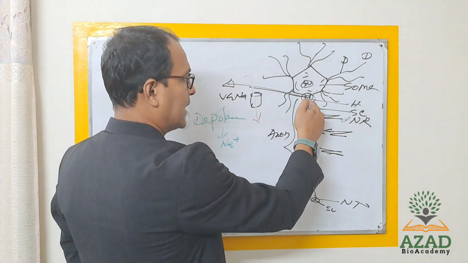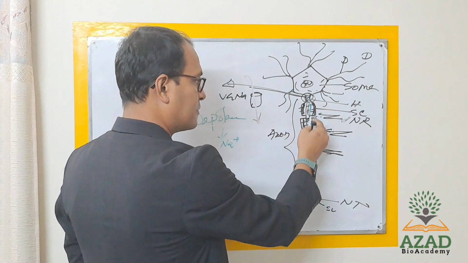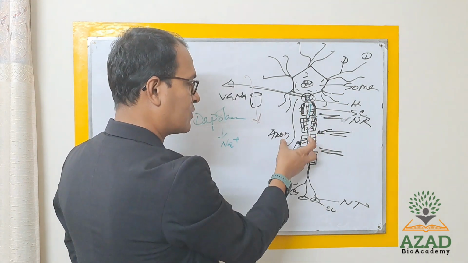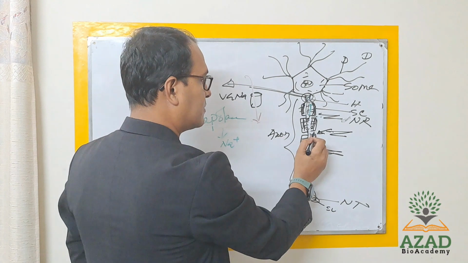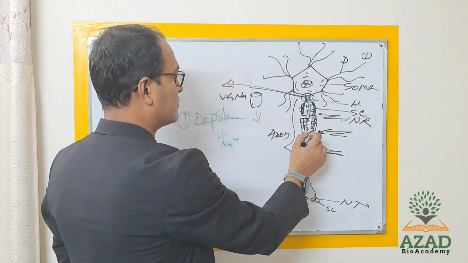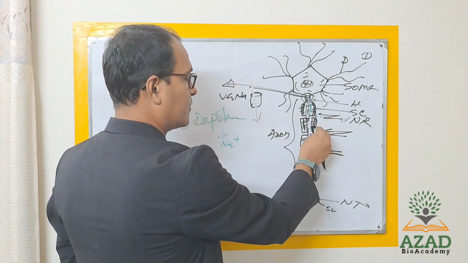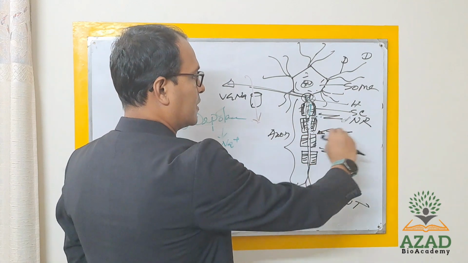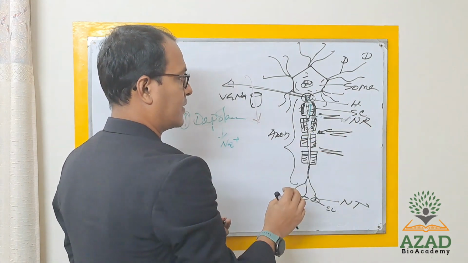Because internal sodium will travel and the membrane potential will change, and that will combinedly activate the voltage gated sodium channel at the node of Ranvier, and that will create action potential, that is regeneration of action potential.